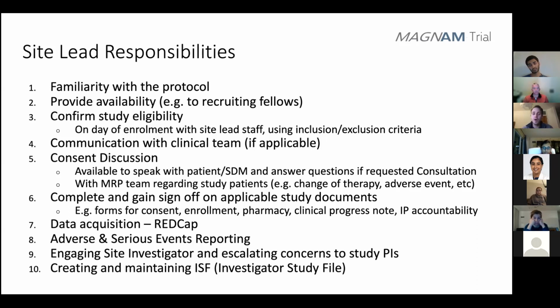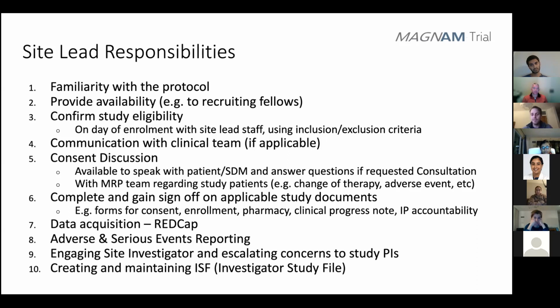It is our responsibility as an entire group to confirm patient eligibility. This is done in one part in real time, which we'll get into a little later in the talk, with the fellow, either during the day or overnight, who is actually recruiting the patient. They do a quick eligibility checklist, which for all intents and purposes is reviewing the inclusion and exclusion criteria.